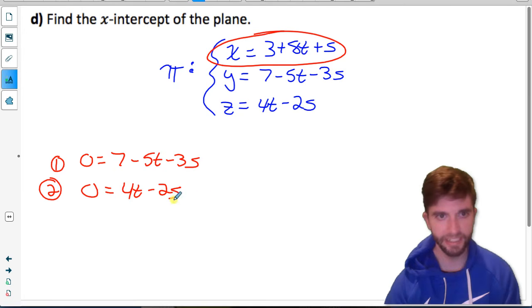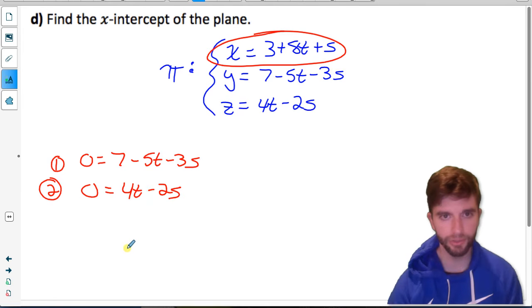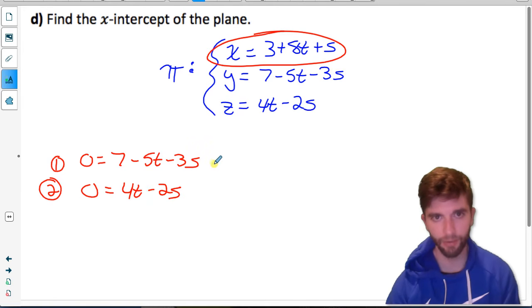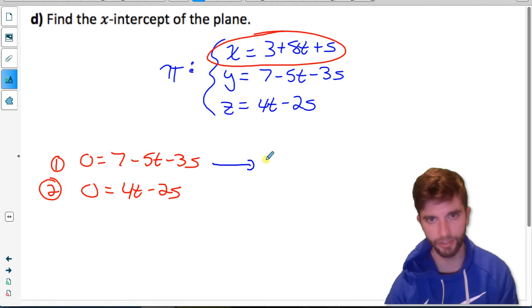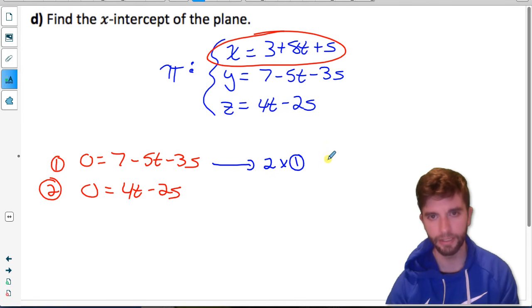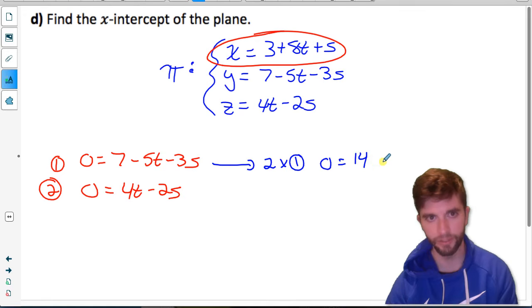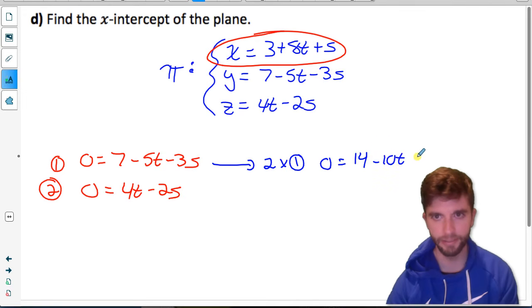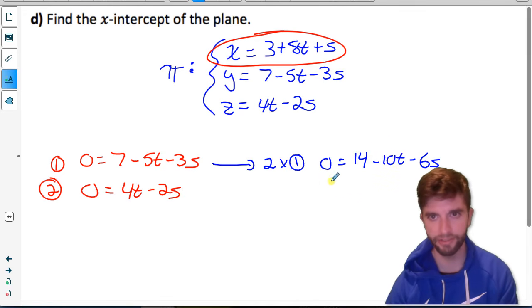So I can solve for t and s in these two equations using elimination again. I think I will choose to eliminate the s variables. So I will multiply the top equation, equation 1, by 2, and I'll get 0 equals 14 minus 10t minus 6s.